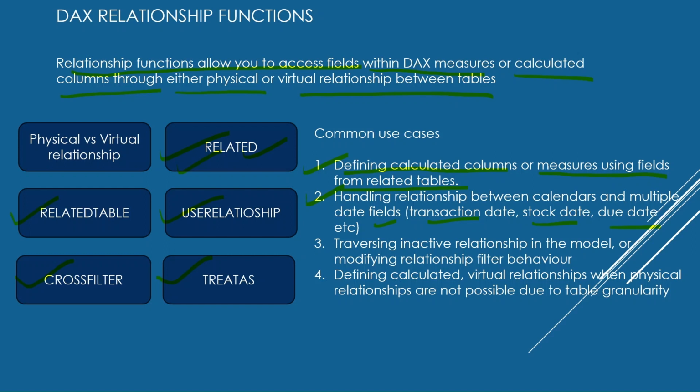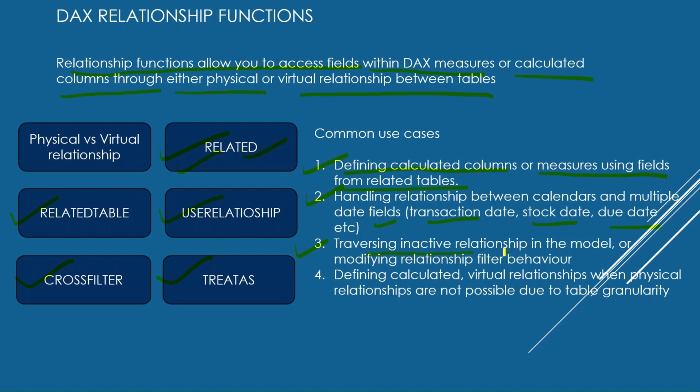So whenever we are going to access the columns from all the different tables within the calendar table which has a relationship, then with the help of a relationship function we can achieve it.